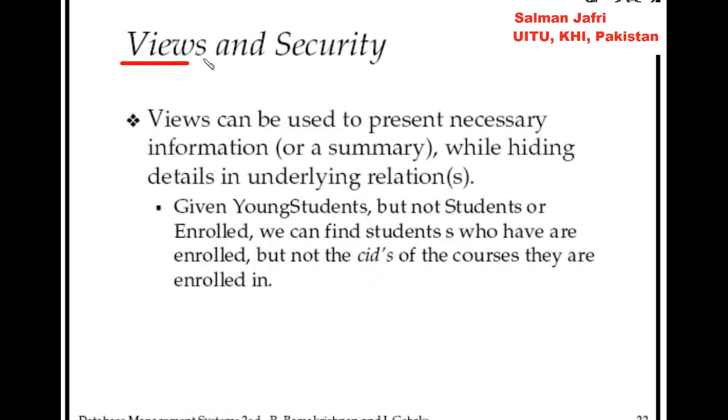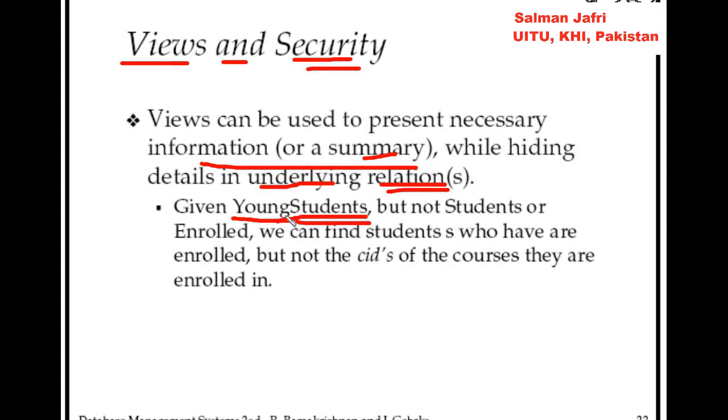So views go a long way in implementing security in the DBMS. Views can be used to represent necessary information or a summary while hiding details in underlying relations. So views can be used for information hiding, right? What is the example? We developed a view YoungStudents, right?